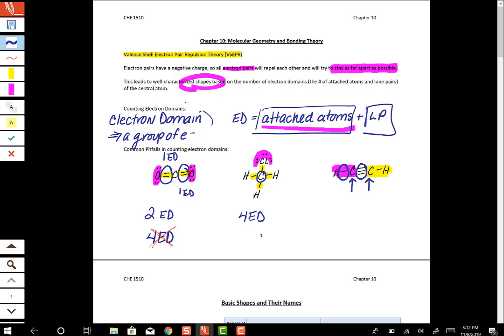So an electron domain is really a grouping of electrons, where a single bond is a group, a double bond is a group, a triple bond, like we're seeing here, is a group, and a lone pair is a group.